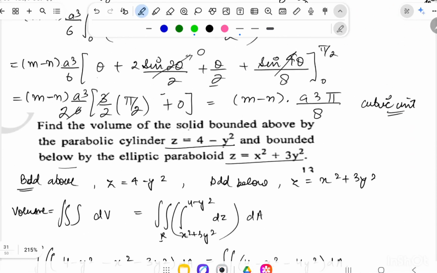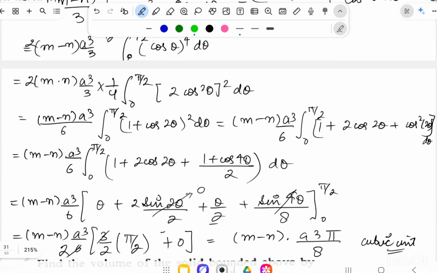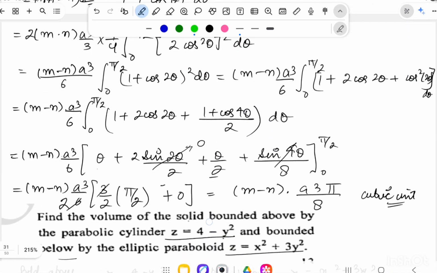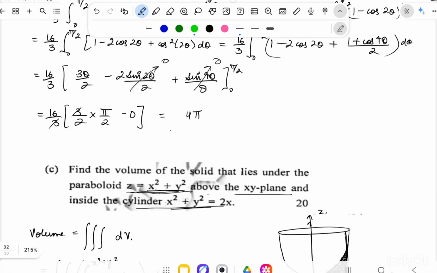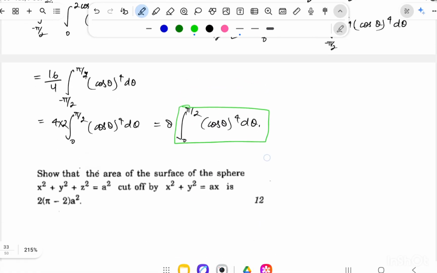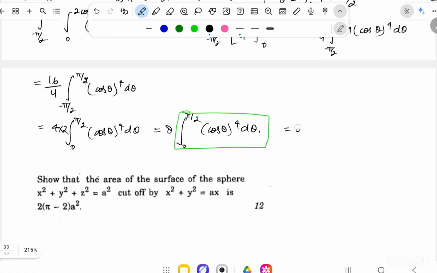In this question we have evaluated it, so it is equal to 3 by 2 times pi by 2. So this is equal to 8 times 3 by 2 times pi by 2. So this gives us 6 pi. So 6 pi cubic units is basically the final volume of the surface that we are evaluating.